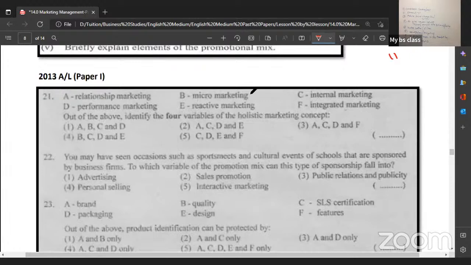Micro marketing is option B, so eliminate every answer containing it. Then we have internal and integrated, and we talked about those. So something like ACDF, which is option number 2.